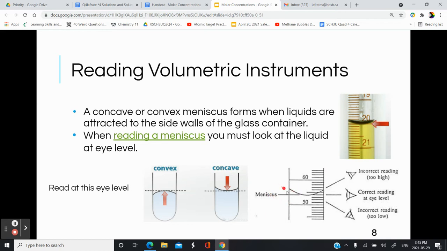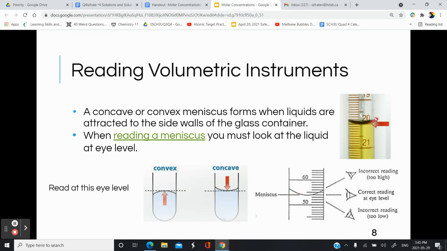For example, if I were to read this volume over here, this is 50, this is 60, so 51, 52, 53, 54, 55. It looks like it's somewhere in between the 54 and the 55. So I might say, for example, 54.9. That could be it, or 54.8, but it looks like about 54.9.